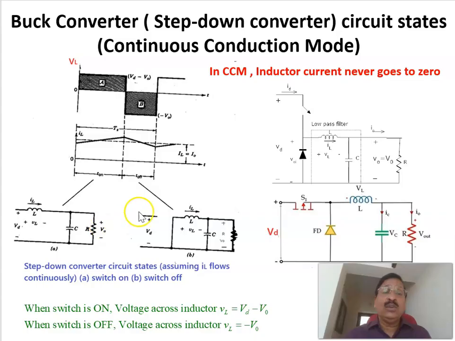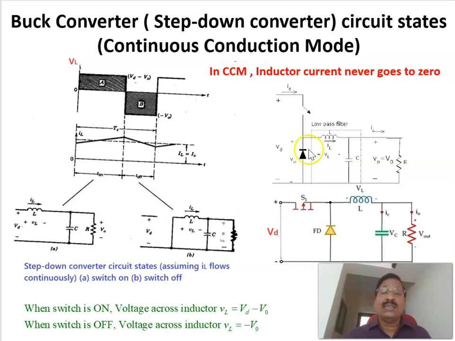The corresponding equivalent circuit when the switch is on: this is the input voltage VD, and when the switch is on, the diode gets reverse biased. Since the diode is reverse biased, the circuit becomes this one, with the filter inductor and capacitor and the load resistance across it. The buck converter reduces to this form when the switch is on.